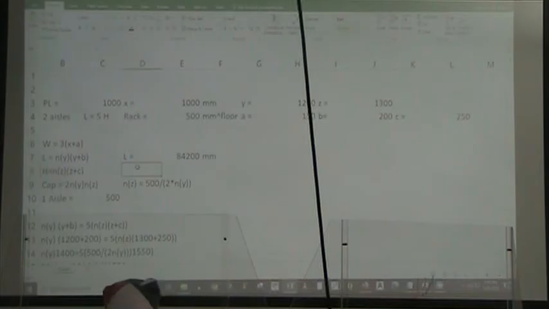Our height is going to be equal to our nz, which is 4, times 1300 plus c, but in this case, we also have to add the 500 millimeters above the floor.